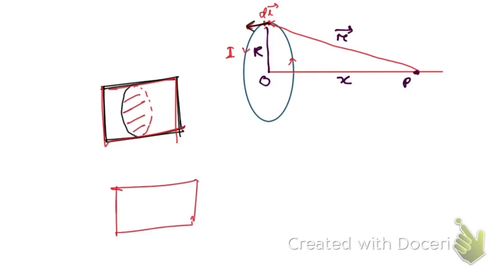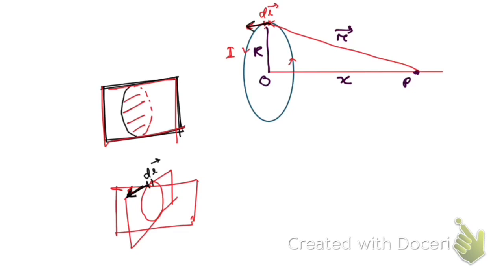This is the plane of the coil, which is perpendicular to the display of your device, consider it that way. And in that case the direction of dl will be this. This is the direction of dl, which is out of the screen. Hope you can imagine this.